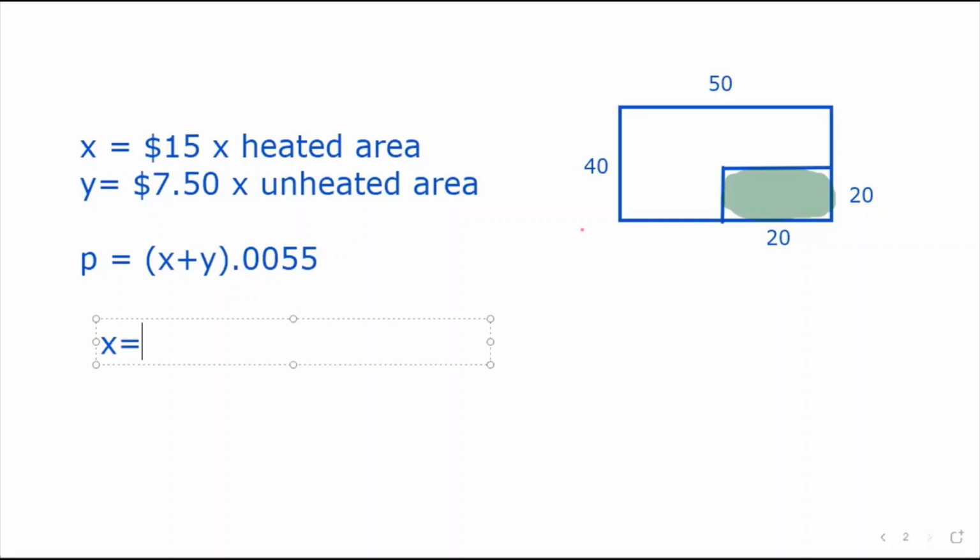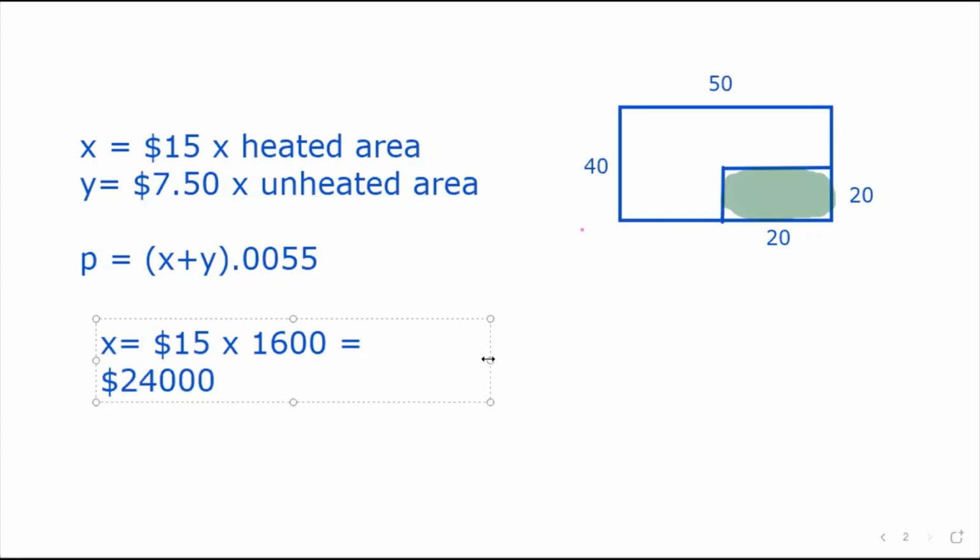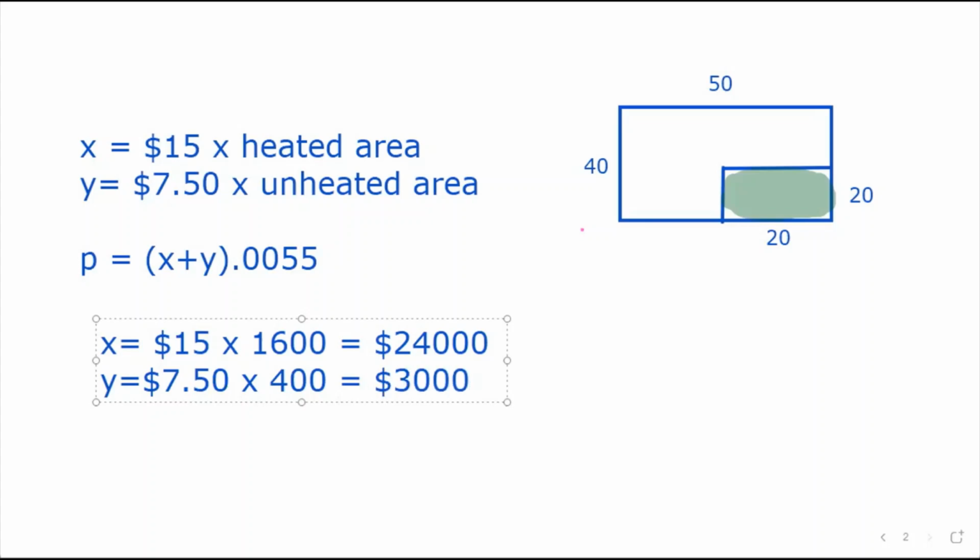So X, this first part, that would be $15 times 1,600 square feet, which will give us 24,000. Okay, this unheated area will give us $7.50. Remember, that's 20 by 20, which is 400 square feet, which will give us $3,000.